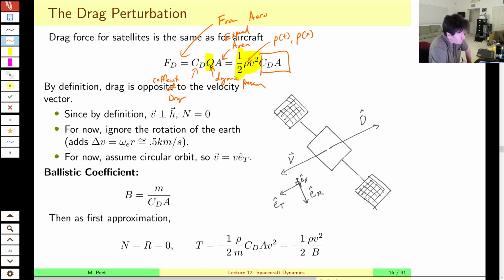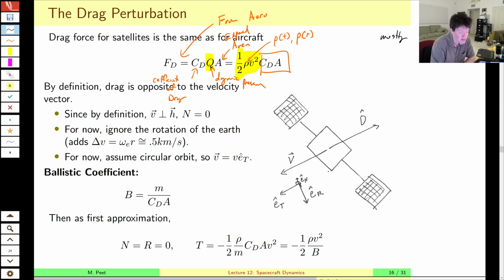Now, in most cases, drag force has a component only in the tangential direction. So here's our satellite, here's our RTN coordinate system, right?